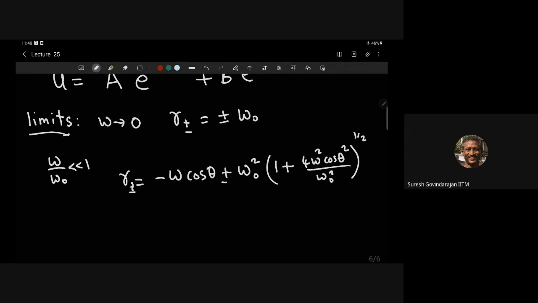I have to pull omega naught outside the square root. Now it makes sense dimensionally. So the leading term is plus or minus omega naught.